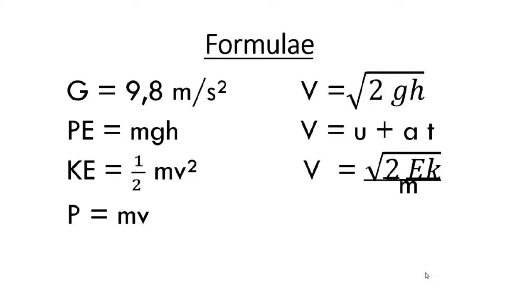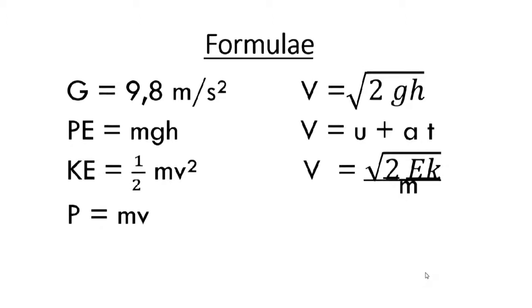On acceleration, I want to emphasize whether the object is moving horizontally or vertically. If it's moving vertically, we are going to use the standard gravitational acceleration, which is 9.8. But if it's moving horizontally, the acceleration will be given. Then T represents time.